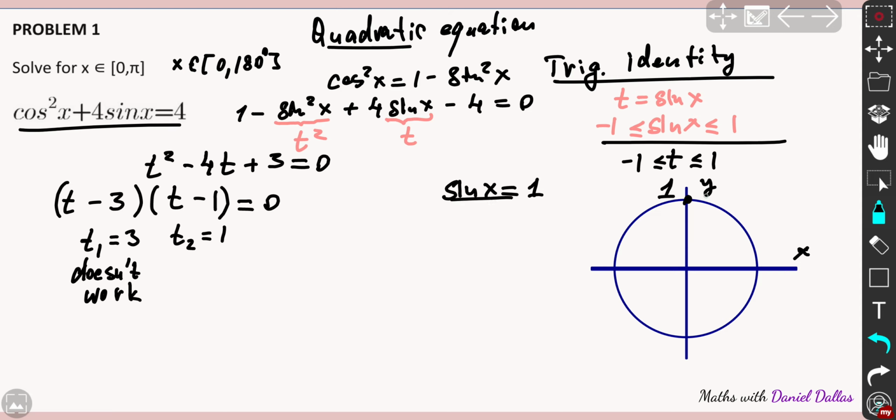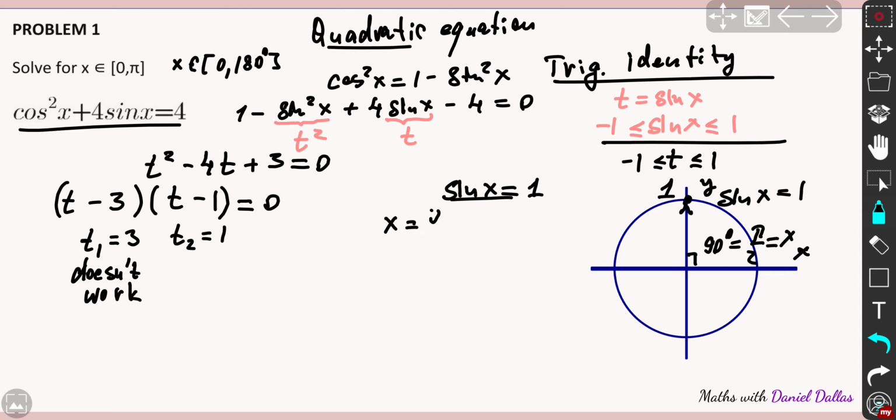So sine x is 1 when our position vector has an angle of 90 degrees or pi over 2. So in this case, sine x equals 1 when x is equal to pi over 2. So this is our first solution.